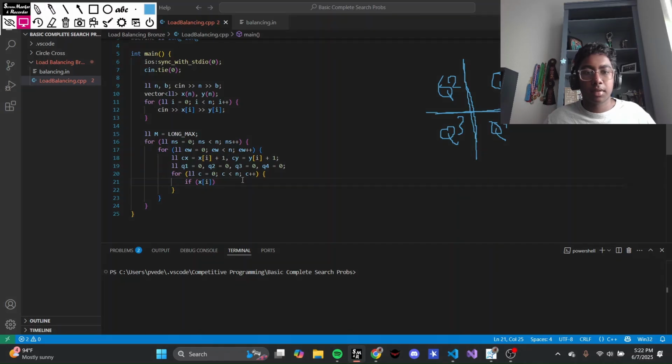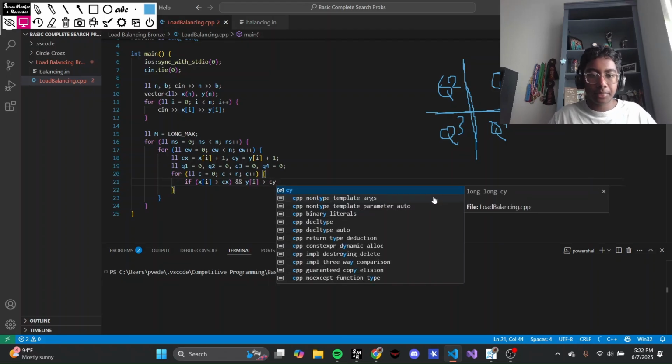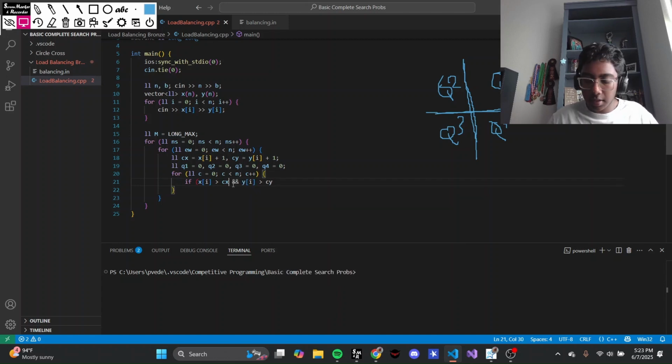Okay, so if x of I is greater than the cx value, so basically that means that it's on the right side of this vertical fence, and y of I is greater than cy, that basically means that it's above the horizontal fence, then q1 plus plus.